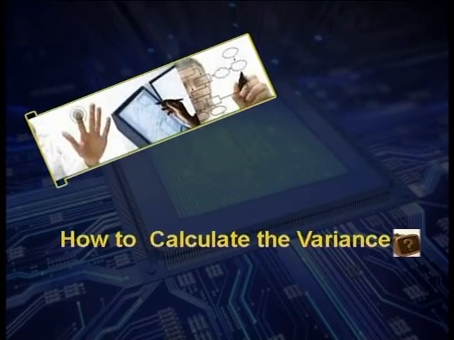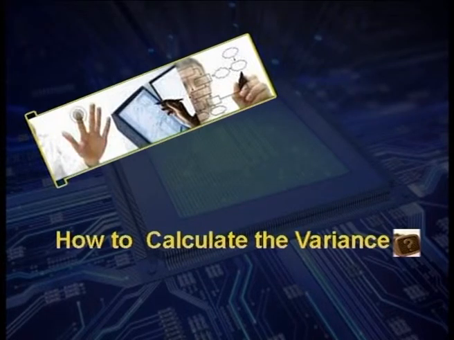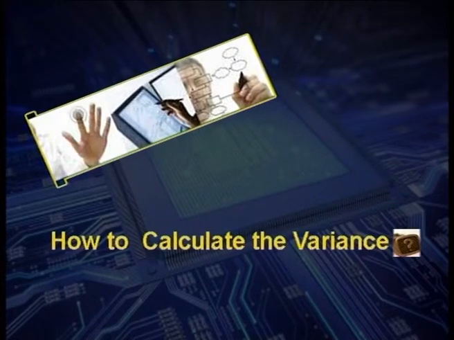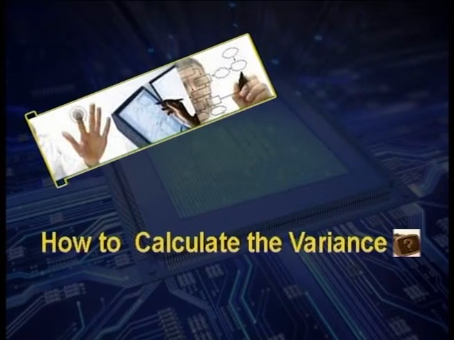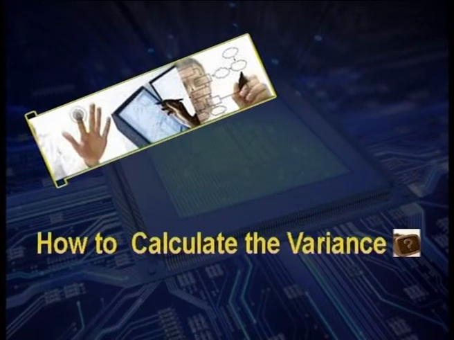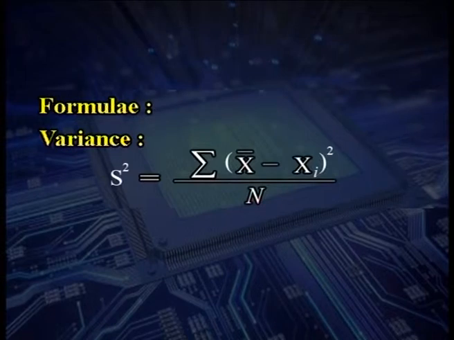So how do you calculate the variance? It is simple. Once you know how to calculate the mean deviation, it is very simple to calculate the variance. And once you know the variance, from variance we can derive what is known as the standard deviation also. The formula for variance is S square, which is the summation of x bar minus xi whole square, or you can also write it as xi minus x bar whole square, divided by n.